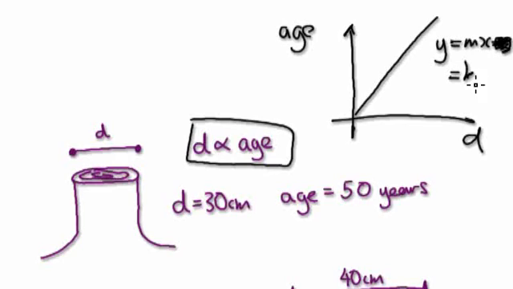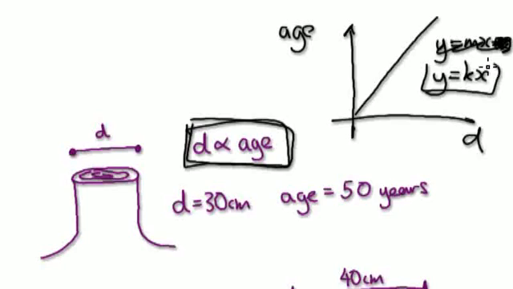This m is like the gradient. So the minute you see D is directly proportional to age, you can imagine it's a straight line. Here, you've got to figure out k.